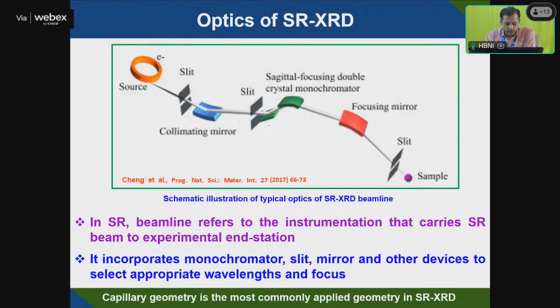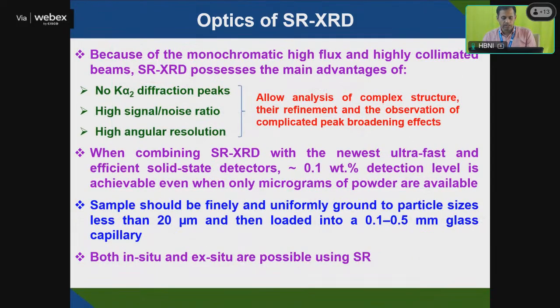But in synchrotron XRD, the beam line refers to the instrumentation that carries the synchrotron beam to the experiment. This is a parallel beam, called a beam line, and a particular beam is used for X-ray analysis while other beams are used for other techniques.